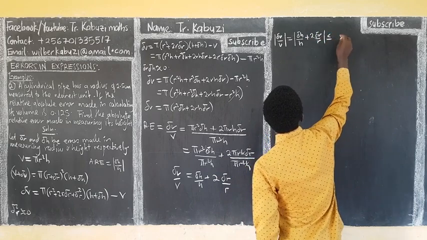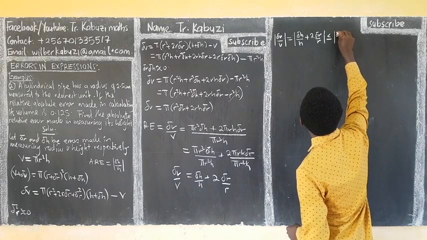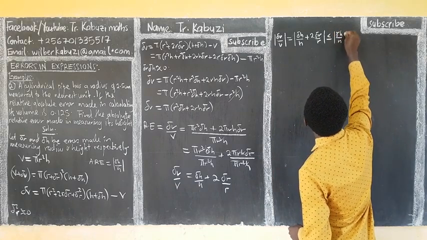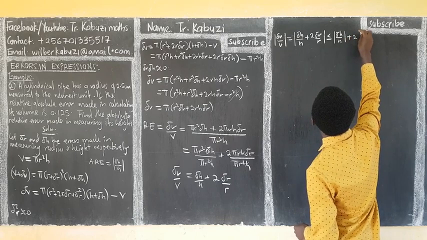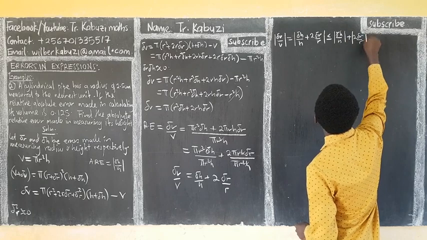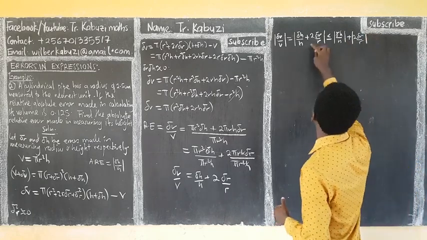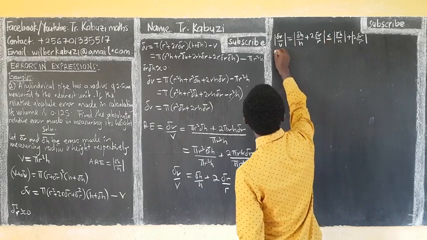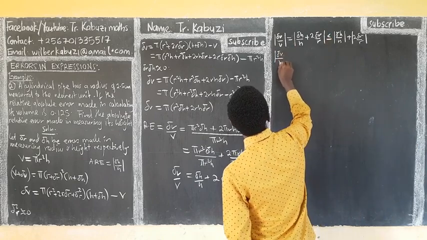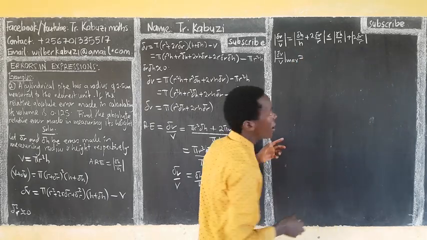which is going to be less or equal to, now you can easily separate this as sigma h over h plus 2 modulus sigma r over r. And if you want to get a maximum, now if this is less or equal to this, sigma v over v max is telling us the maximum error you can get.